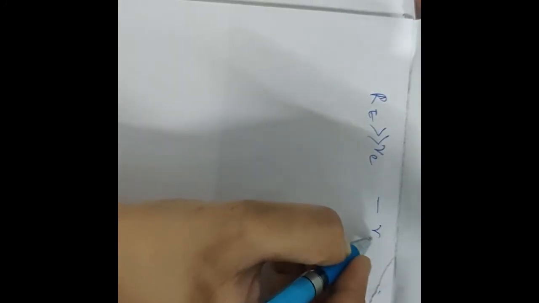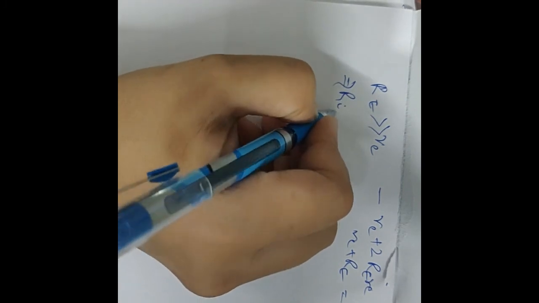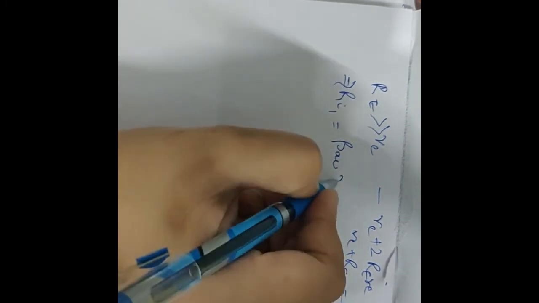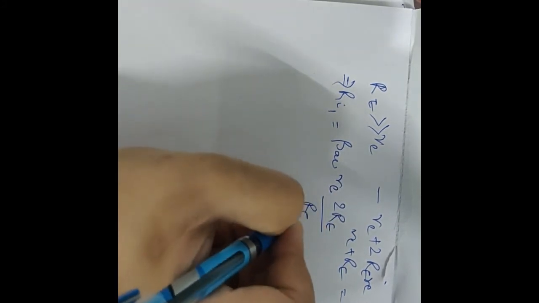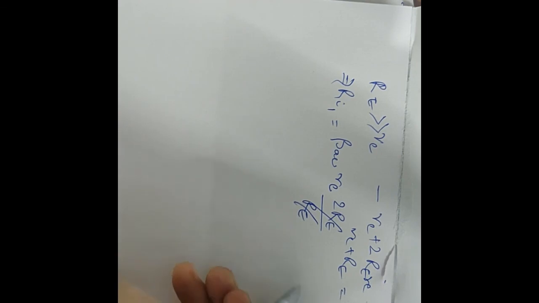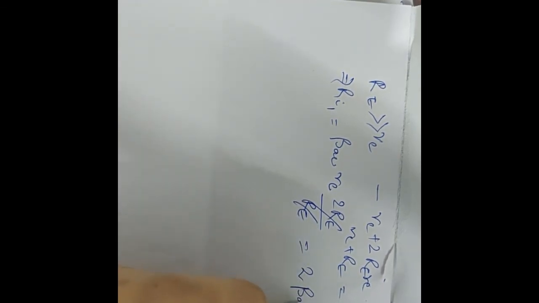So we can reduce RE plus twice of RE to nearly twice of RE, and RE plus capital RE we will count simply as capital R. So RI1 will be nothing but twice of RE upon RE, the RE factor will get cancelled from the numerator and denominator, and we will get only twice of beta AC times RE.